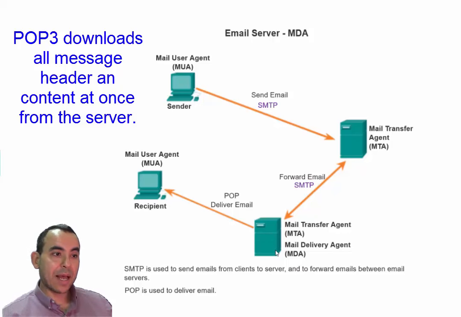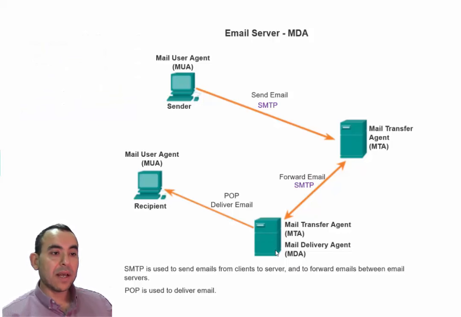An email consists of the message header and the email body, and if there is any attachment. The POP3 protocol downloads all the message content, including the email header, the body and the attachment. It downloads everything to the mail user agent in one shot.